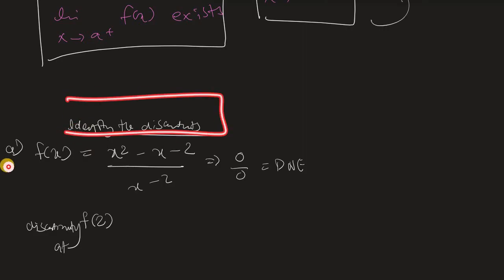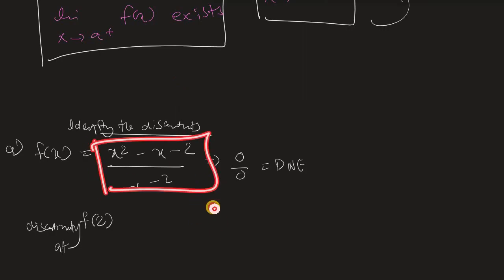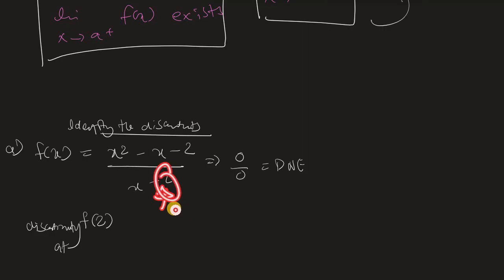Okay, so here the question asks to identify the discontinuities. To identify the discontinuity, first we have to check if the value at that particular point exists or not. And here the discontinuity is about 2, because there's a division over here, right?